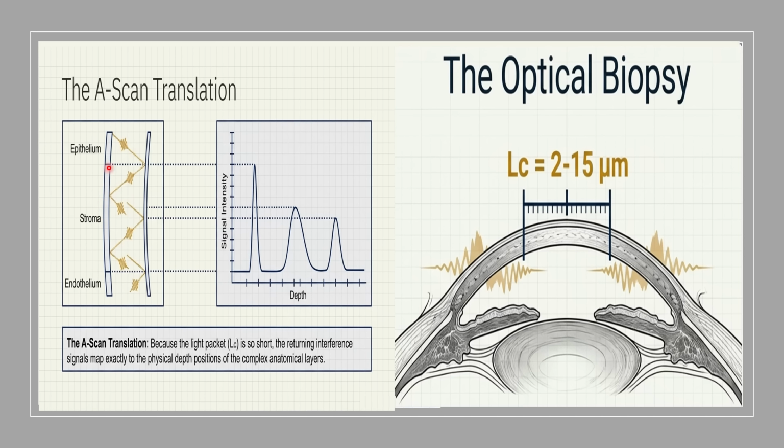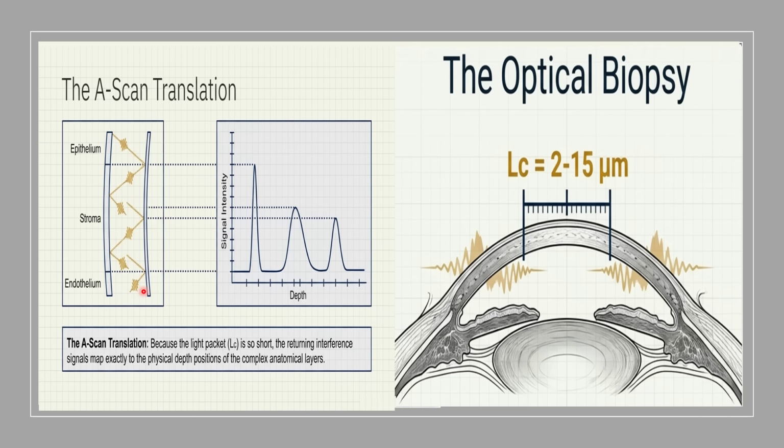Each layer of the structure that we are sampling will reflect the impulses back at the same time. They will all reach the detector at the same time, and there will be a blur, there will be noise, so there will be no image formation.